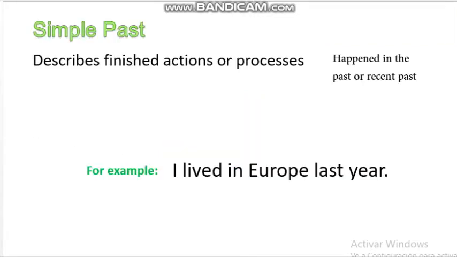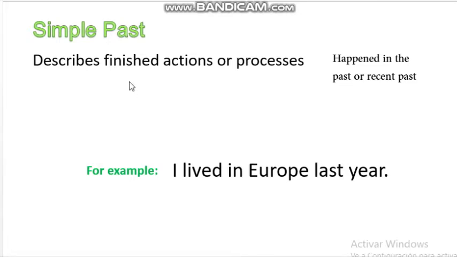We are going to begin with the simple past, explaining what it is about. The simple past is used for actions or events that finished in the past, including the recent past, which have no connection to the present.